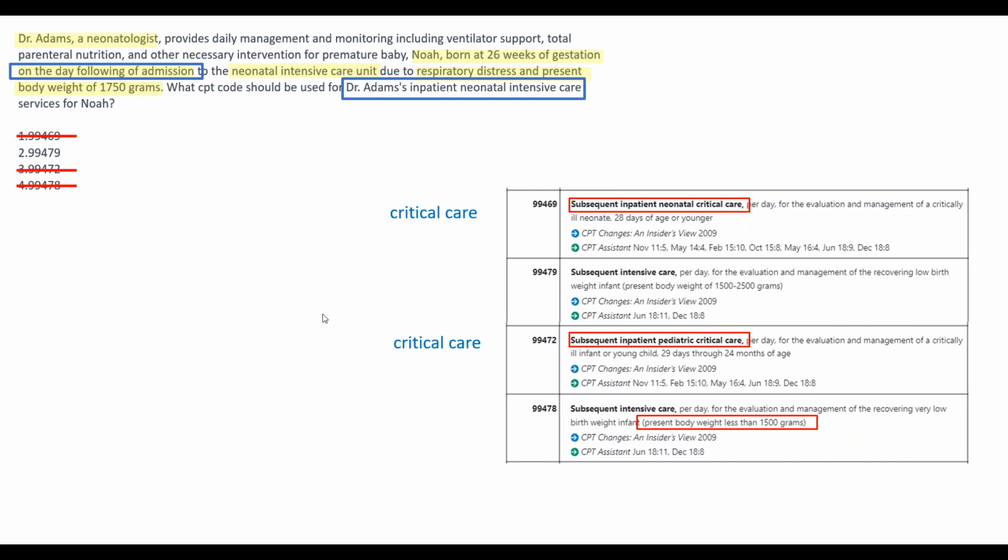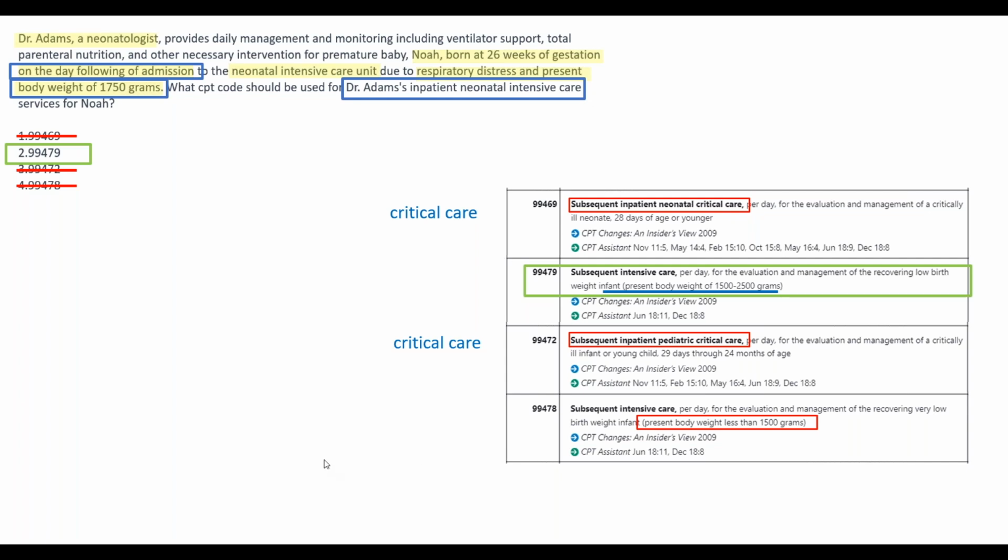That means option D is incorrect, and we have to code for the exact correct CPT code. That would be 99479, which is for a subsequent intensive care service per day for evaluation and management of a recovering low birth weight infant. Yes, low birth weight infant. Present body weight is 1500 to 2500 grams. The correct answer is option 2.